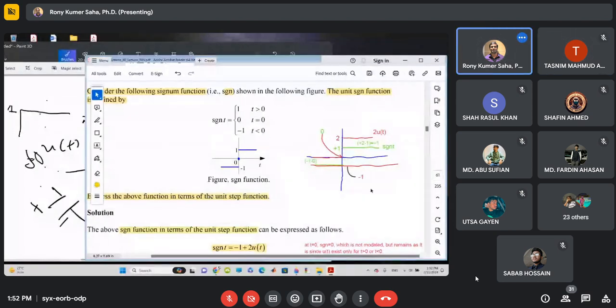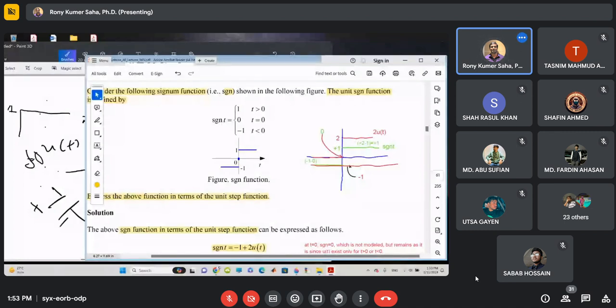We are almost done. We have taken -1, which actually exists all over t. This means t could be any value. So what would happen if you subtract this one from this one? Twice u(t) minus 1.